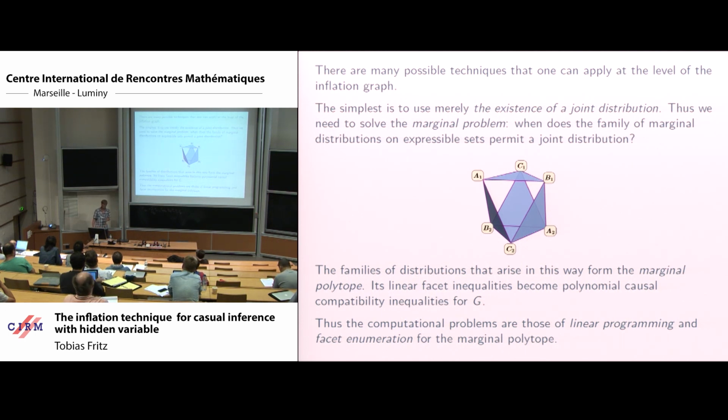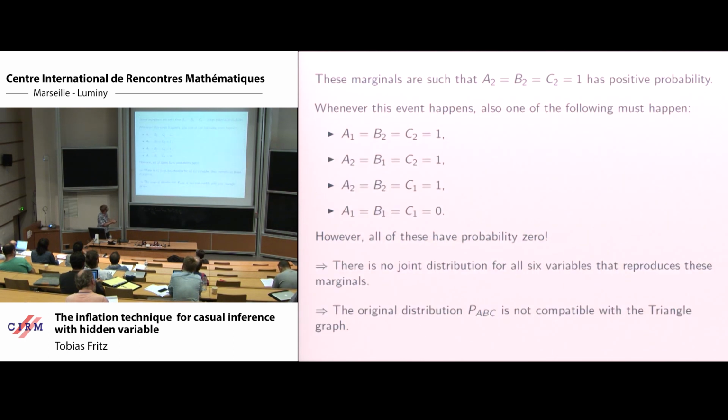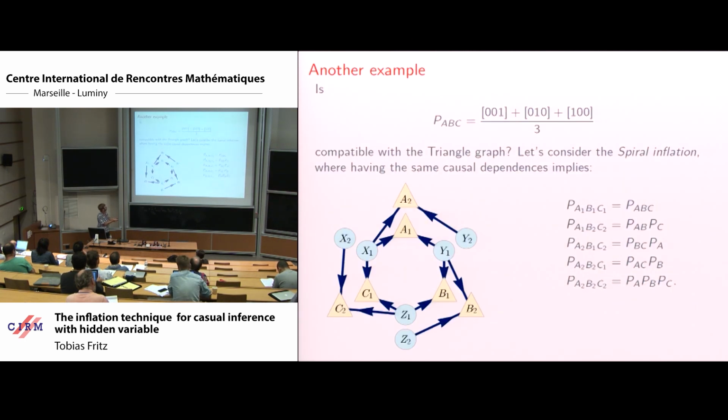Okay. So your equations describe this polytope. Yes. There are many more facet inequalities of the polytope, but each facet inequality is a linear inequality involving these marginal probabilities, which are the variables of this inflation graph, the observable variables.